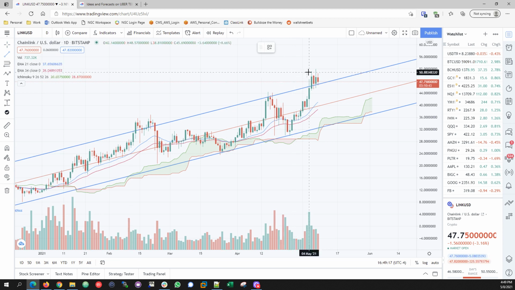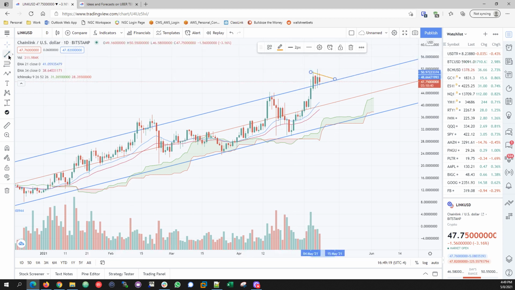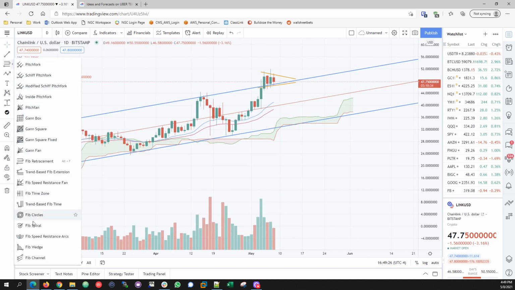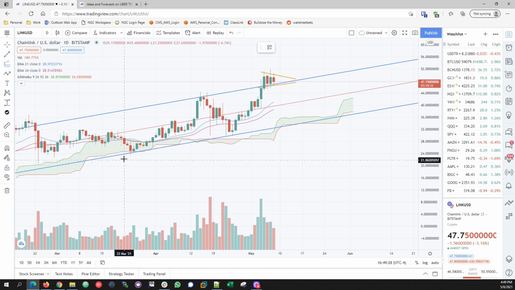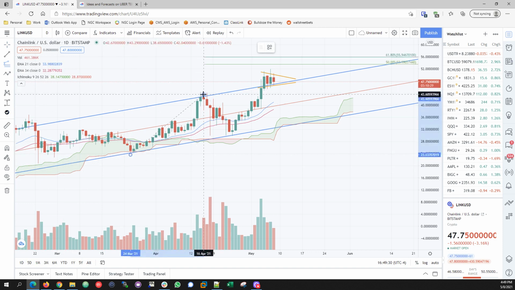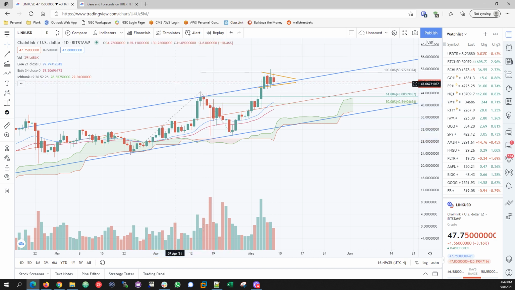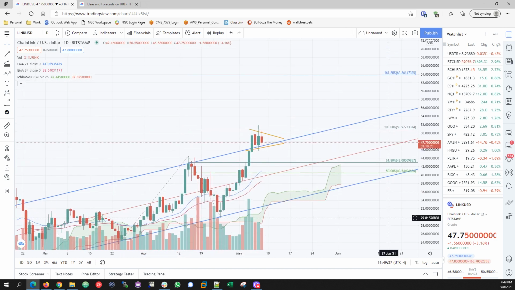One thing to watch out for, even though it's flagging, okay? No doubt that it's bullish. It's flagging. One thing that you would want to watch out for is that it's at the top of the trend, and it already hit the 100% extension.